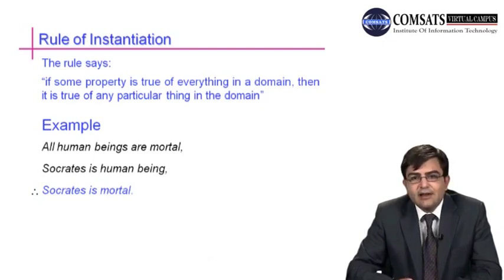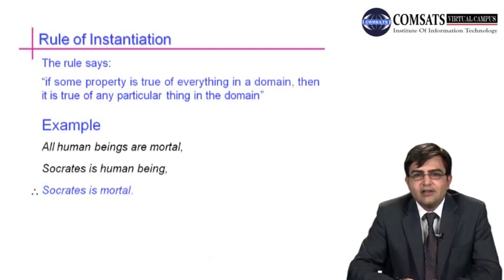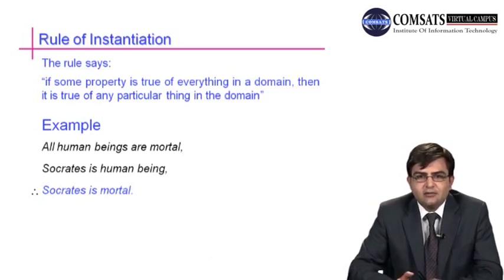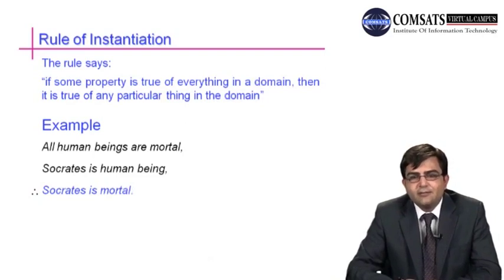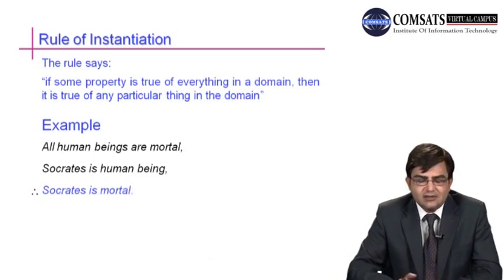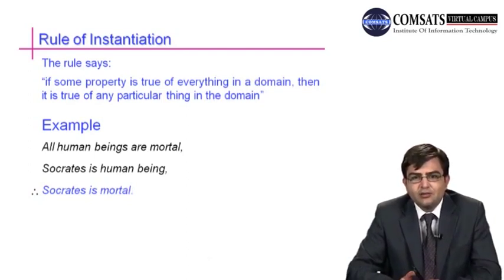For example, if I say that all students in the discrete mathematics class are older than 20 years, then if we take some particular student, for example John, then John will obviously be older than 20 years. So this is a rule in which we say that if a property is true for everything, then that property will be true for a particular thing.